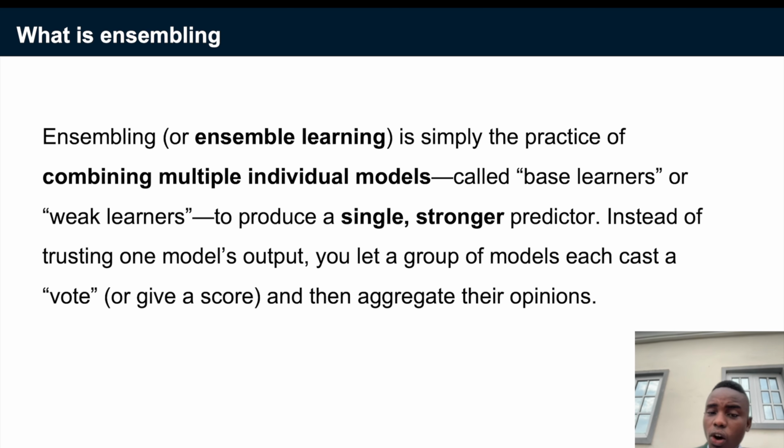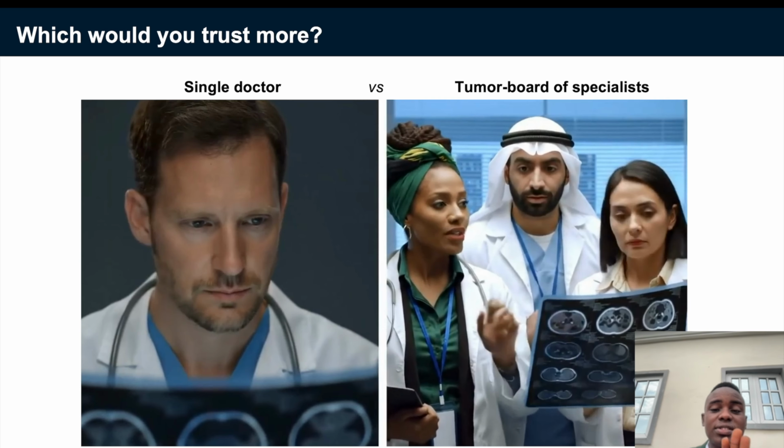Ensemble learning is simply the practice of combining multiple individual models called base learners to produce a single, stronger predictor. Now, this is exactly similar to the scenario we have here. So instead of having a single model make a decision around your result, around your output, you have like a tumor board, either making decisions in parallel or making decisions in sequential mode, where one focuses on the mistakes of the previous one, but we also dig deeper into this as we proceed.